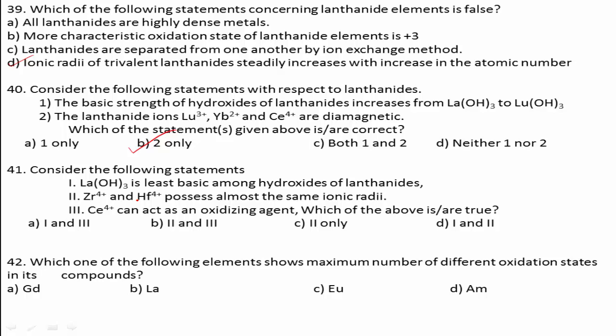Ce4+ acts as an oxidizing agent as it oxidizes other elements, itself getting reduced to Ce3+, which is more stable than the Ce4+ oxidation state. So in order to attain the stable +3 oxidation state, it gets reduced.